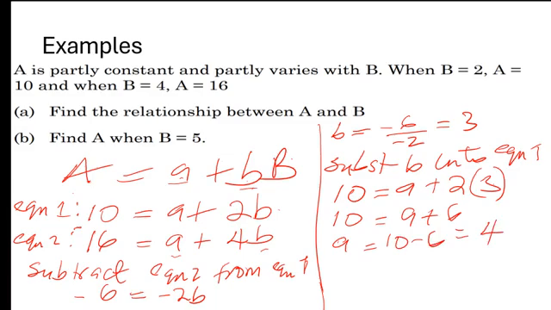Okay, so the value of A we found, the value of B we found. That means now we have the value of A as 4 and the value of B as 3.